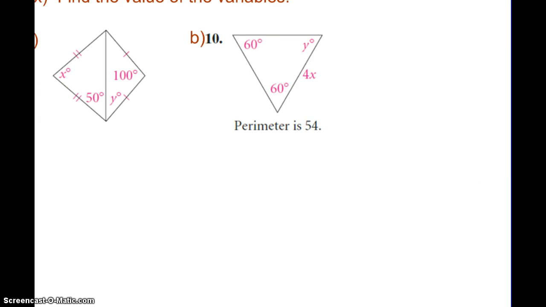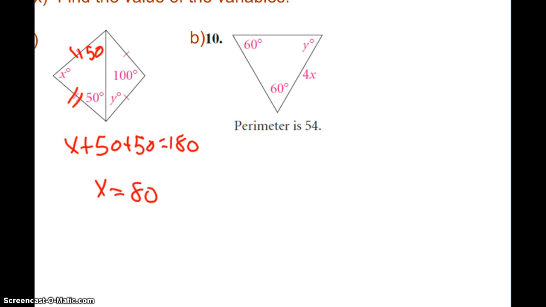First of all, we want to find x, so we have an isosceles triangle right here. If that base angle is 50, then that one is 50, and x plus 50 plus 50 equals 180. When we solve that, you get x is 80. On the other side, y. Well, this angle is y, then this angle up here is the same also.